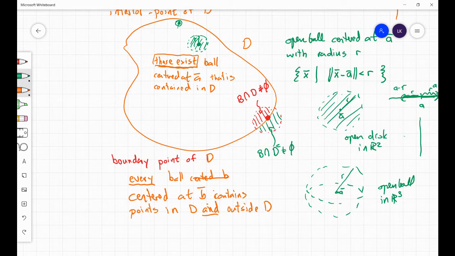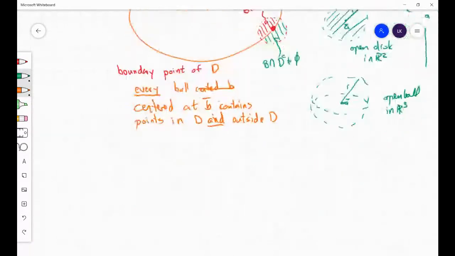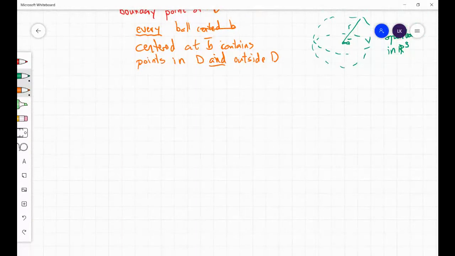Okay. All right. So using these notions, they defined an open set. So what is an open set?